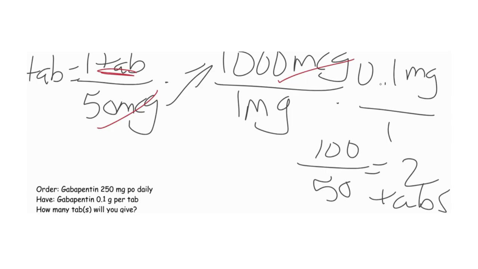I thought I heard myself say 1.5. If I did, I don't know where I got that from. But it's always good to write out your problem so that you can check your work. Always go back, check your work, make sure that you are putting in what you have written down, what your equation says, okay?